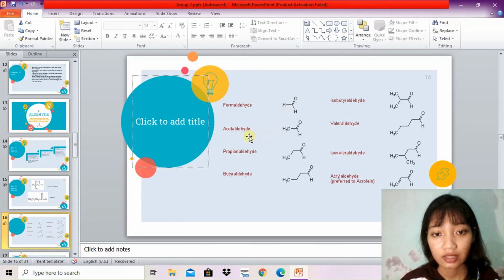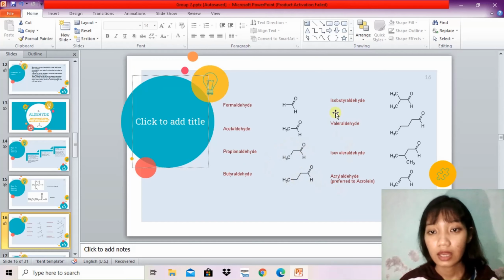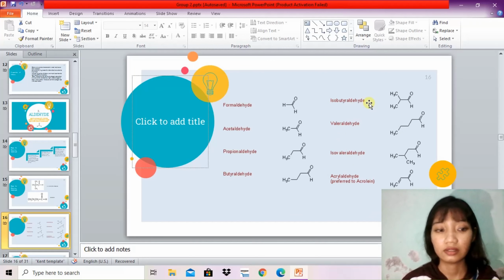And then acetaldehyde, that is an aldehyde that contains two carbon atoms, which is actually ethanal. And then there are propionaldehyde and butyraldehyde, with 3 carbon atoms and 4 carbon atoms. And these are some popular aldehydes that we may find in daily life.